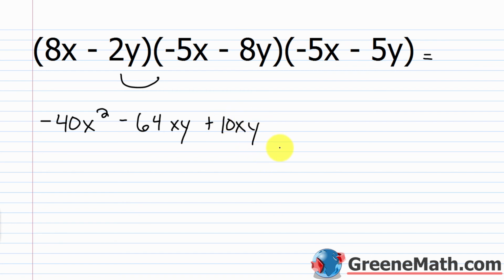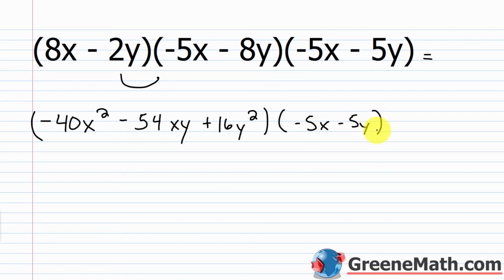Then my last or final terms would be negative 2y times negative 8y, which would be plus 16y squared. Now that I have this, I want to combine like terms in the middle. Negative 64xy plus 10xy is going to be negative 54xy. So I have this now, which is the result of the multiplication of these two binomials, and then times this guy.